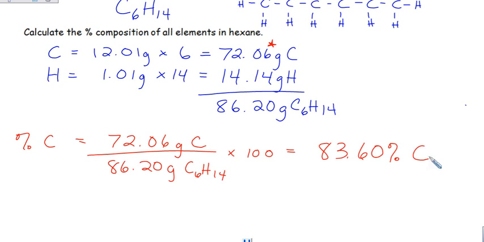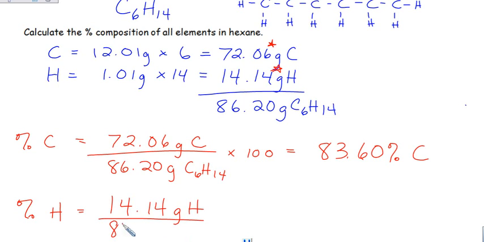You could do something similar. You could say percent hydrogen is the total amount of hydrogen. There are 14.14 grams of hydrogen. The mass of the compound is 86.20 grams, C6H14, times 100.